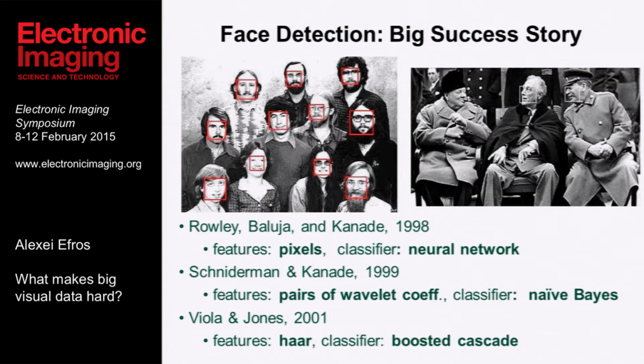But the point I'm trying to make is that everything here was different except one thing, and the one thing was the data. That is the time when people, first, got access to more data, and second, had this idea that we not only are going to use the positive data of faces in images, but we are also going to use the negative data, the patches in images that do not contain faces.